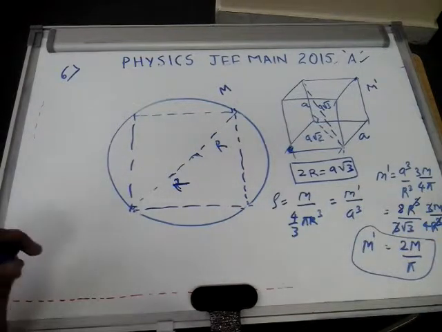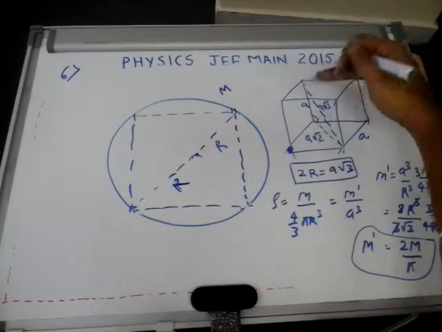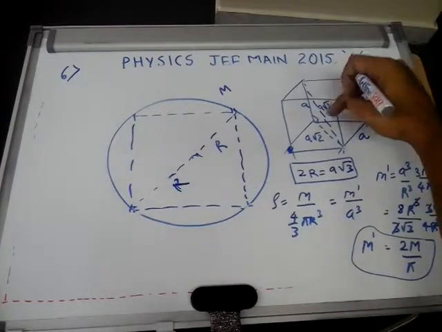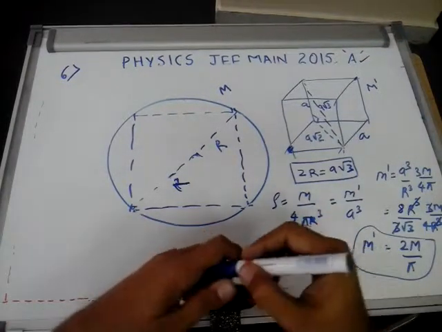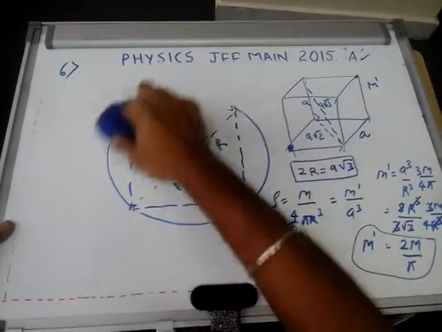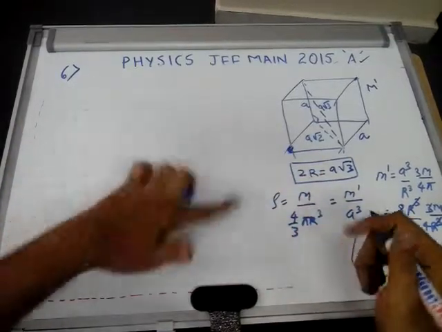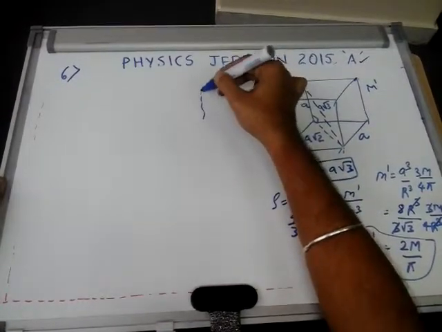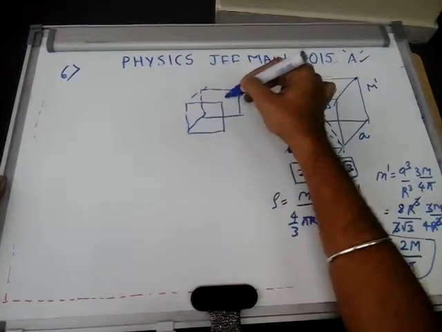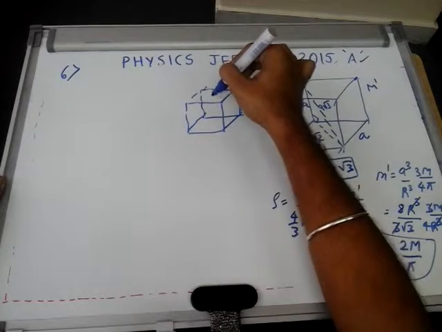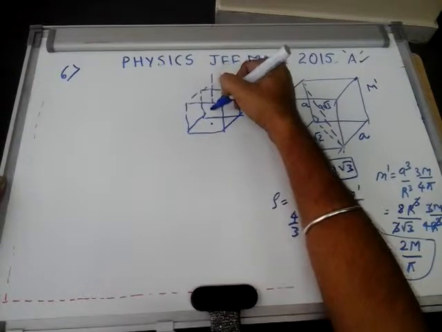Now, how to determine the moment of inertia of this cube about an axis passing through its center and perpendicular to one of the faces? Let me draw another figure. This is the axis passing through the center of the cube and perpendicular to the faces.